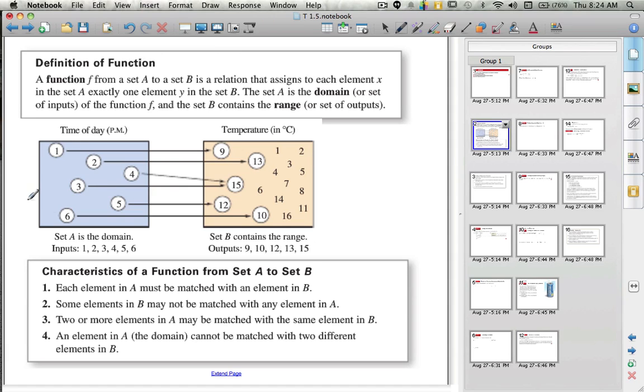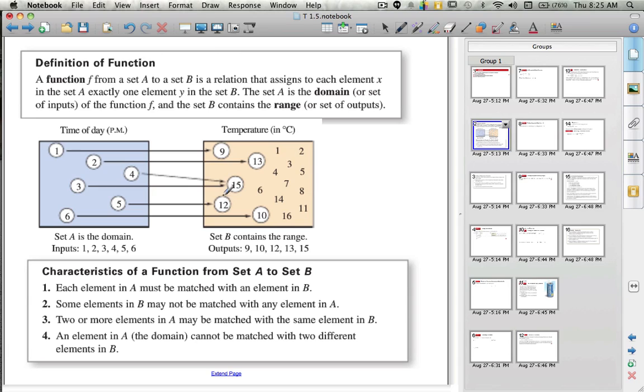Okay, and when we talk about the collection of all the inputs, if these are all the inputs, that would be called the domain. The inputs are also typically known as the independent variable. When you look at our collection of all the outputs that we have, the collection of all the outputs is called the range.